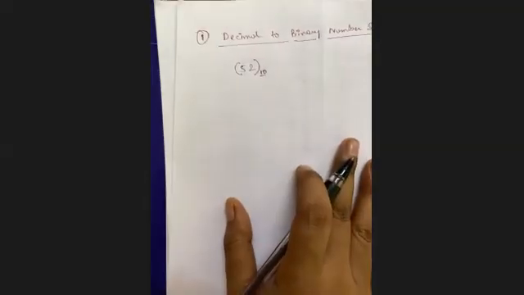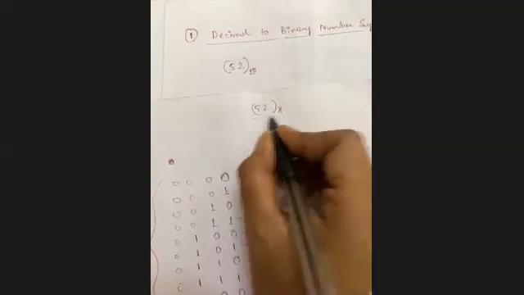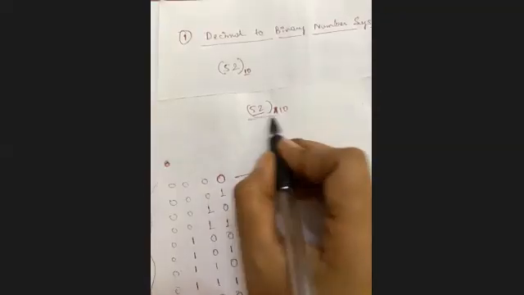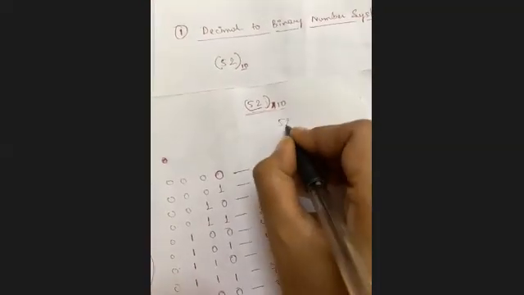If I write 52 base 8, you will get to know this 52 is in octal number system. When I change this base value to 10, you will get to know this is in decimal number system. If I write 16, you will understand this 52 is in hexadecimal number system. I'm just telling you the representation of the number system.